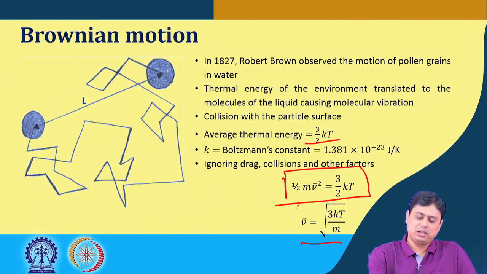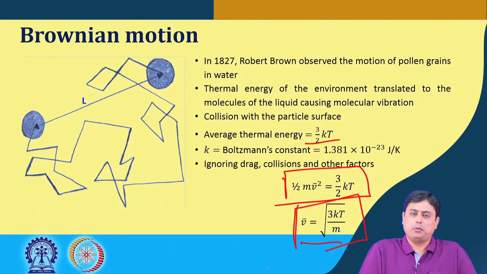So, this expression tells us a simple thing, useful to understand this phenomenon: as the particles become smaller and smaller, the mass goes down, and as the mass goes down, it has a higher average velocity during this Brownian motion.